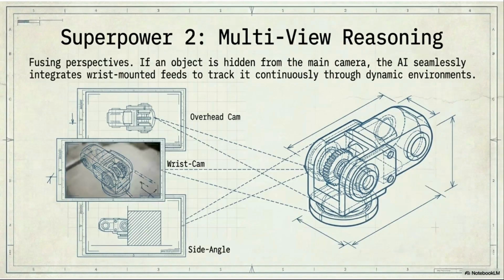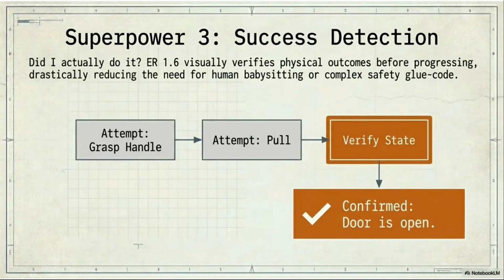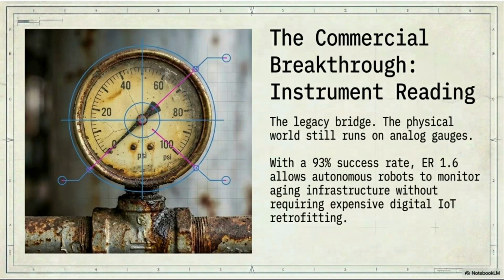This is the breakthrough of Gemini ER 1.6, where it can read the data of analog devices like voltmeters or any kind of analog device. It will understand that this is a potentiometer or other analog device.